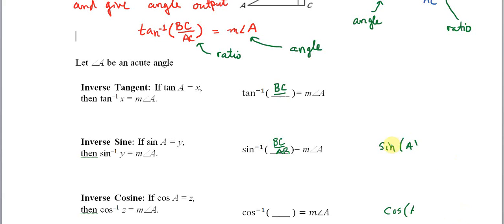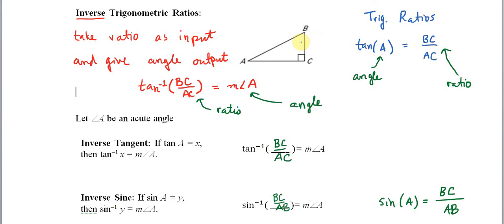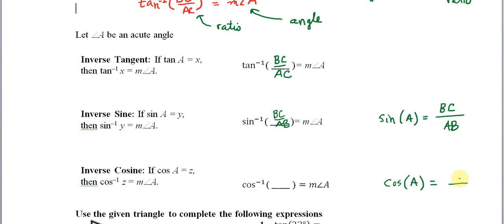Well, the cosine of A from our picture here is the adjacent leg, which is AC, divided by the hypotenuse, which is AB. So the cosine of A is equal to AC over AB. That means the cosine inverse of AC over AB is equal to the measure of angle A.